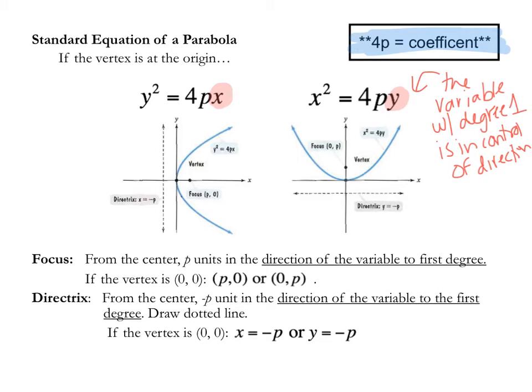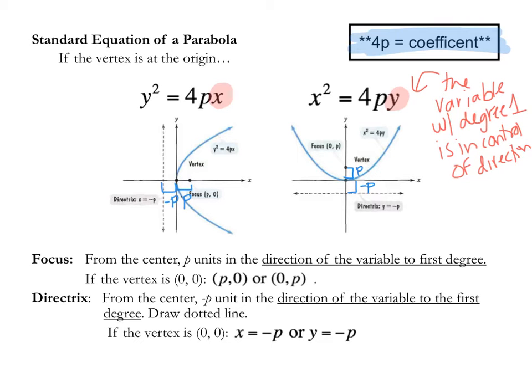Since the first degree variable in my first one was x, I'm going to move in the x direction, p. And then to find the directrix, you just go in the opposite direction. So this was p, this is negative p. And then same thing for the y one. We move in the y direction. To find the focus, we move positive p. To find the directrix, we move negative p.